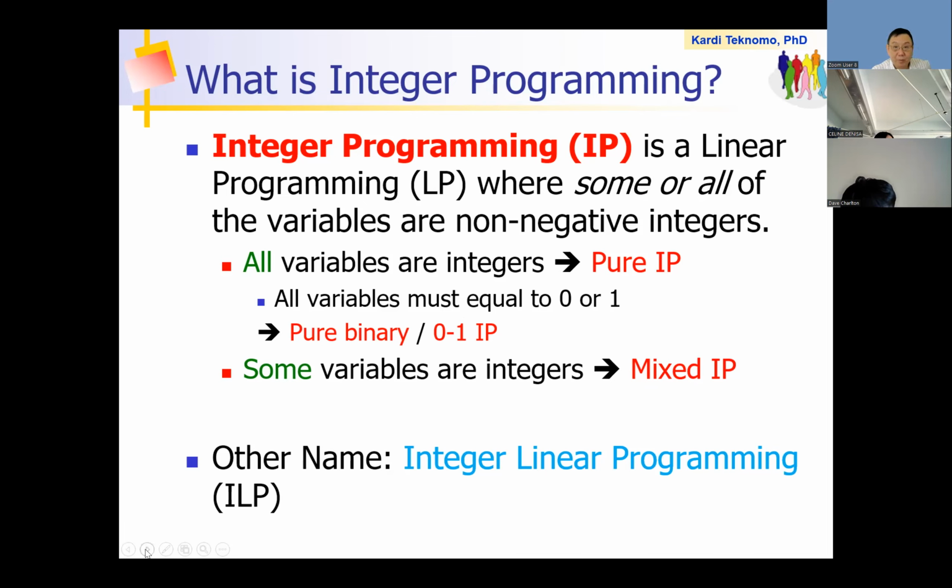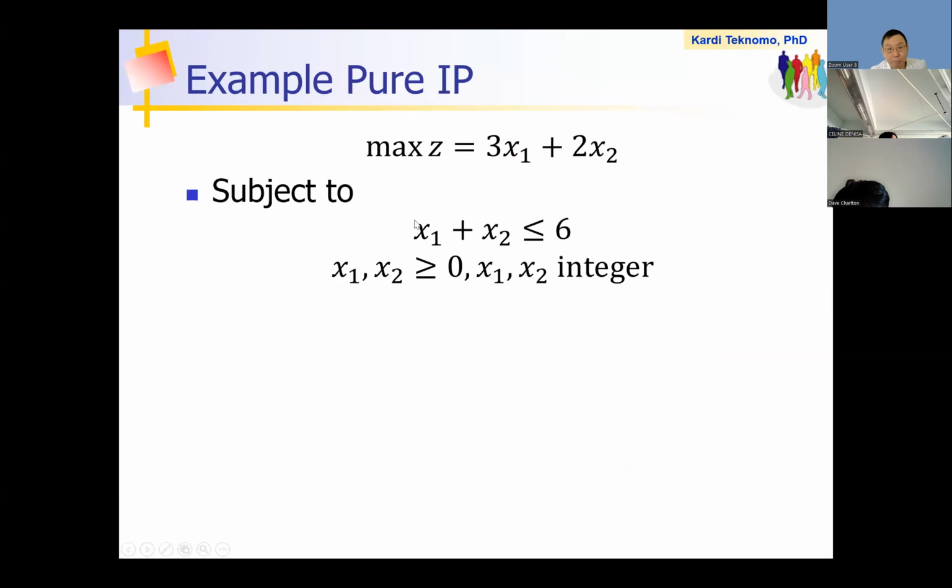So integer programming is a linear programming where some or all variables are non-negative integers. This is an example. What is this? This is pure IP. Why is this a pure integer programming?